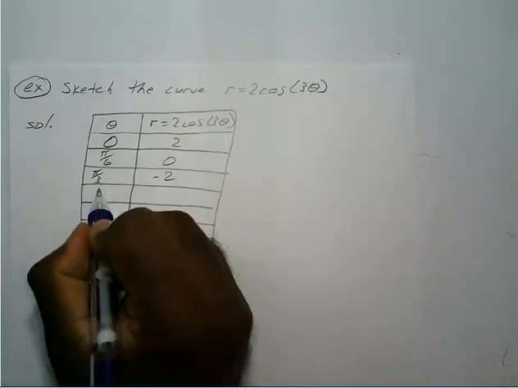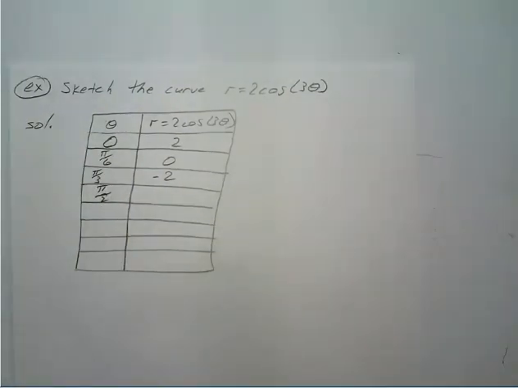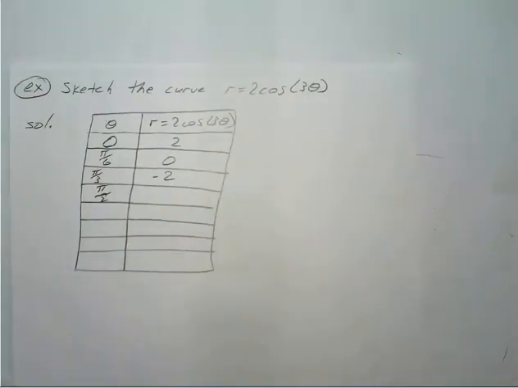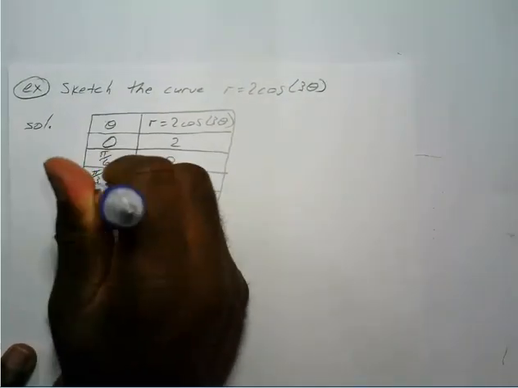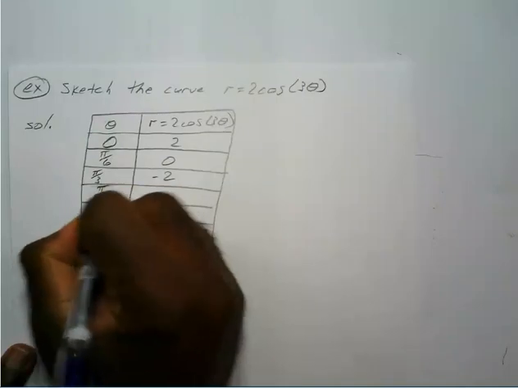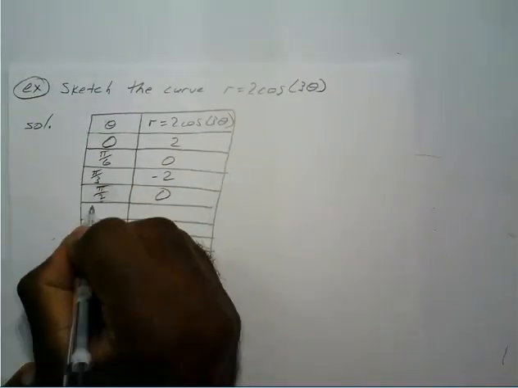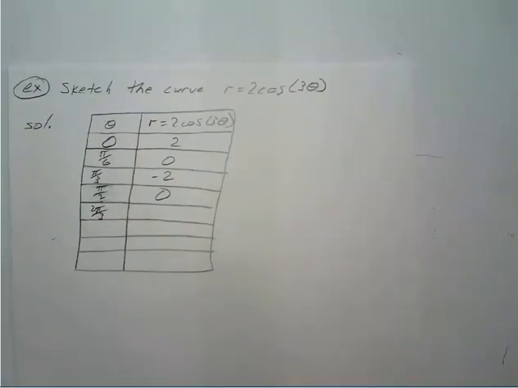Okay, so what if we plug in pi over 2? Cosine of 3 pi over 2, well, nope, 2 pi over 3, sorry about that. Oh, no, that is pi over 2. Sorry about that. That gives us 0. So what if we plug in 2 pi over 3? There we go, I kind of looked at my values a little bit early. That would give us 2.